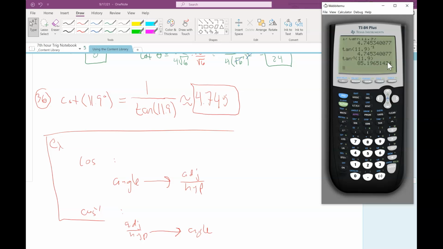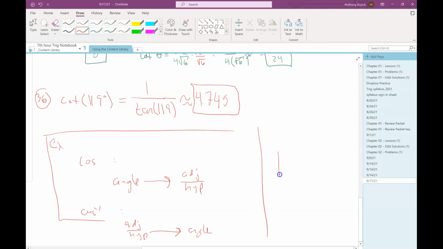Okay. So if we have a right triangle and you're given the angle and a side, and you're trying to find another side, here I would use tangent.